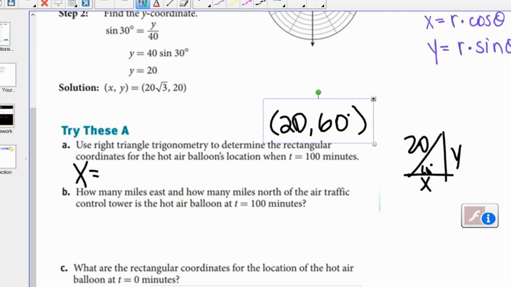Well, the x value would be 20 times the cosine of 60. So multiply, solve, and 20 times the cosine of 60 is going to be 10.